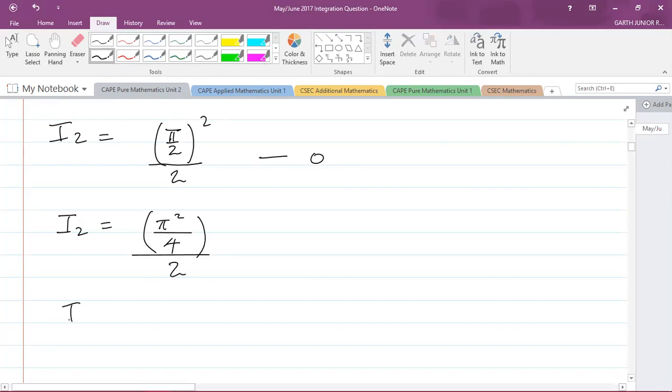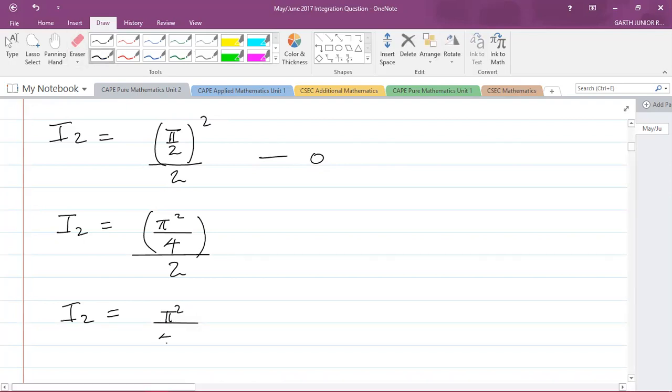All right? So I2 is now equal to, I have a fraction divided by a constant. So it means that the denominator will actually come here, right? In front of the 2 being multiplied. So what I actually have now is I2 being equal to pi squared divided by 4 times 2.